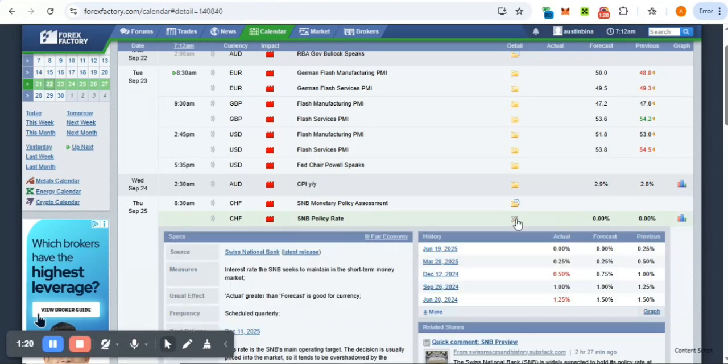And let me just take a deeper look into the SNB policy rate. From here, we can see that previously in June, the forecast was this, and this was the actual. So they had to cut it in June, and we also saw that they have actually been cutting their interest rate for a very long time, and I was surprised when I first saw this, right?